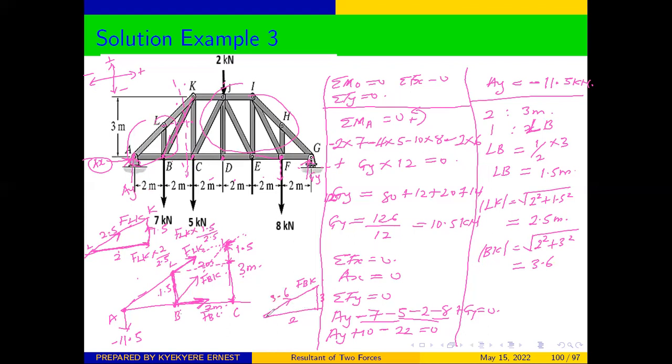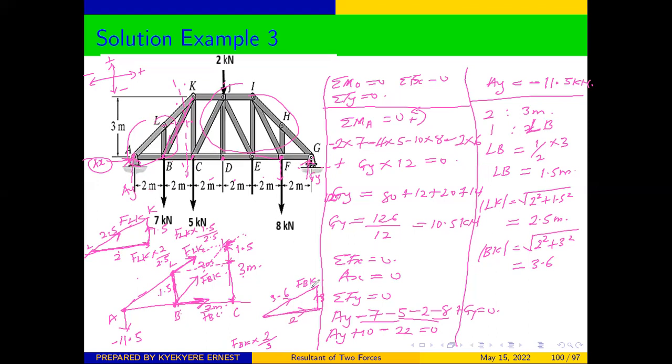And from there, we can resolve our force. You can see that we'll be moving right on the X, which will be positive, and up on the Y, which will also be positive. The X distance is 2, and the hypotenuse is 3.6, so this will be our X component for FBK, which is FBK times 2 over 3.6.